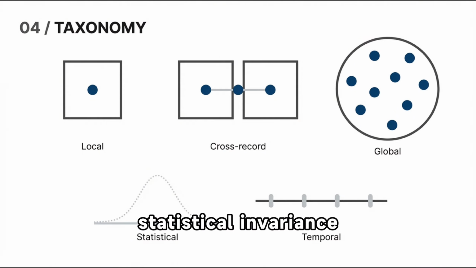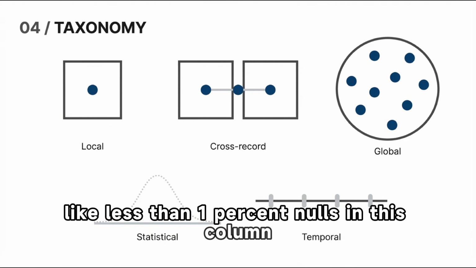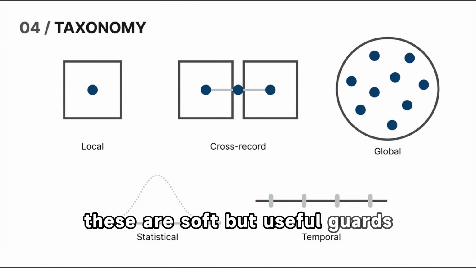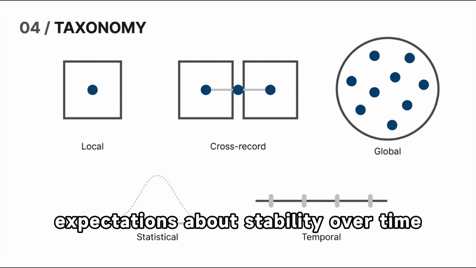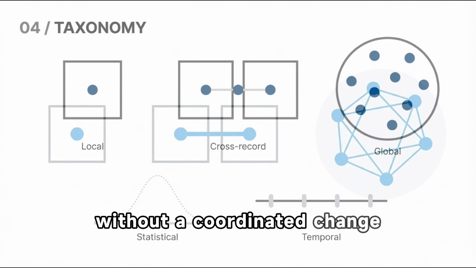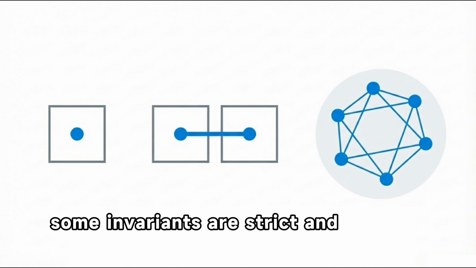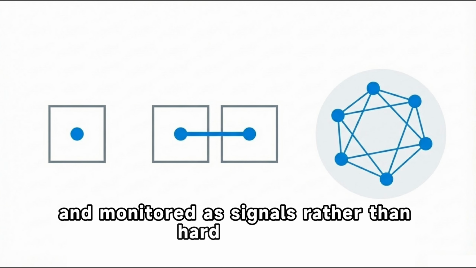Statistical invariants are distributional expectations, like less than 1% nulls in this column. These are soft but useful guards. Temporal invariants are expectations about stability over time. For example, a code set that shouldn't gain new categories without a coordinated change. Some invariants are strict and absolute. Others are probabilistic and monitored as signals rather than hard failures.